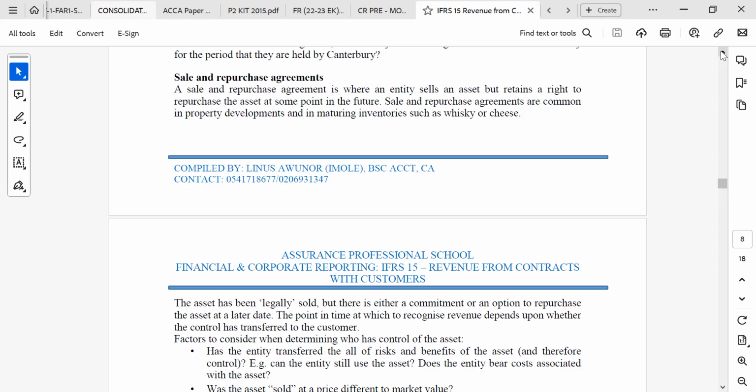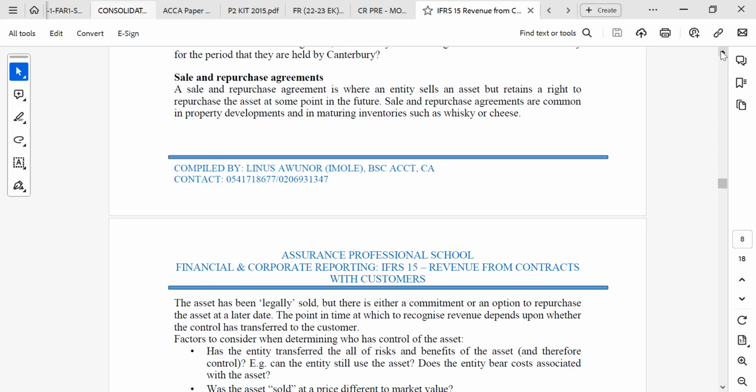But if the sell and repurchase involves a biological asset, we have a situation where you can buy and still leave the biological asset, maybe the goat, with the person. Okay, so for that one, we don't have any problem. But if the item is not a biological asset, you have to ask yourself those questions that I have asked.